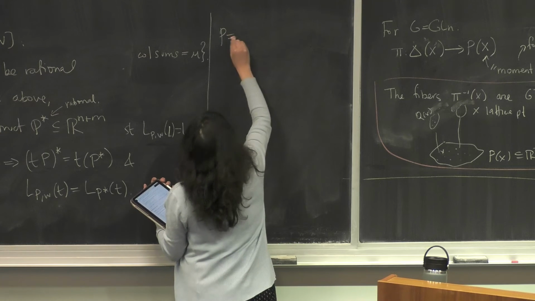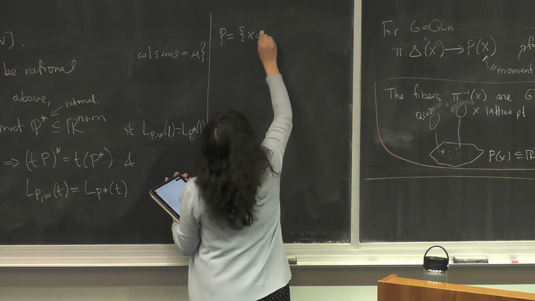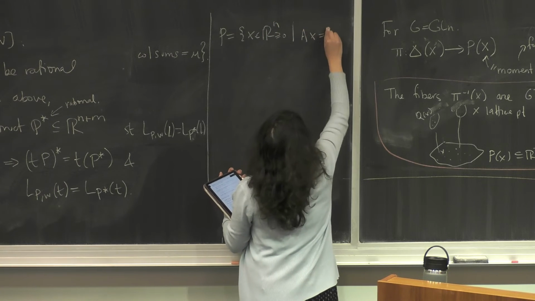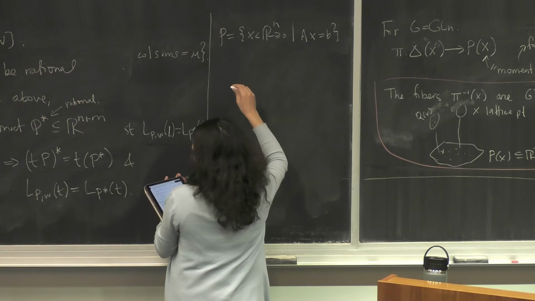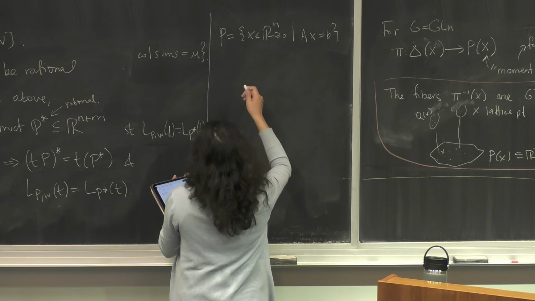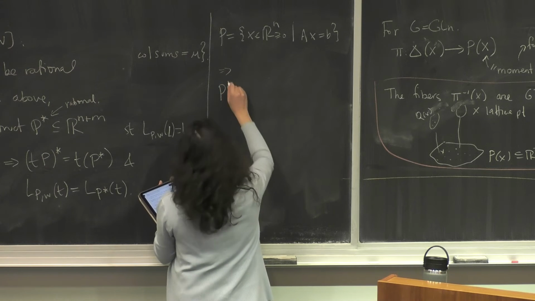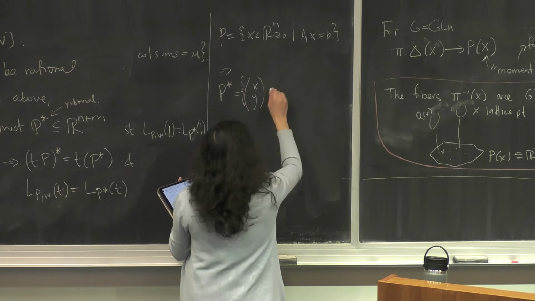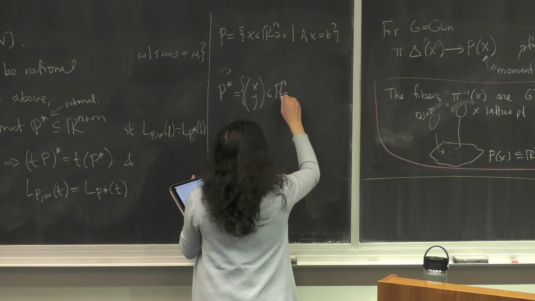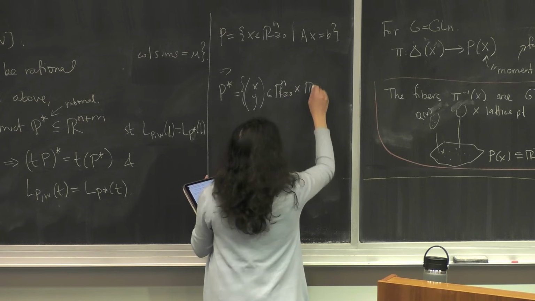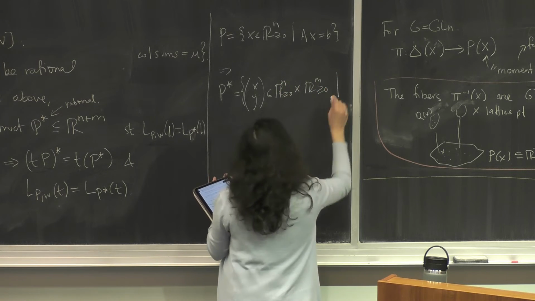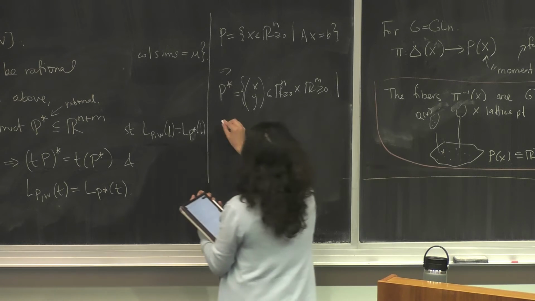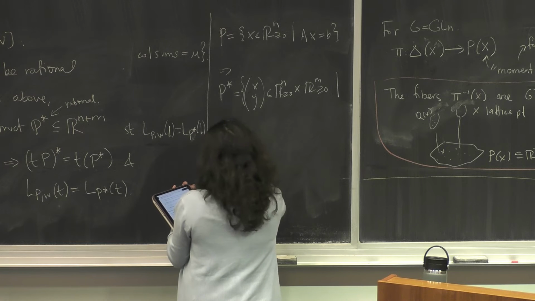So if P is given by this, then P star is going to be given by, it lives in n plus m, such that, so these are the equations.